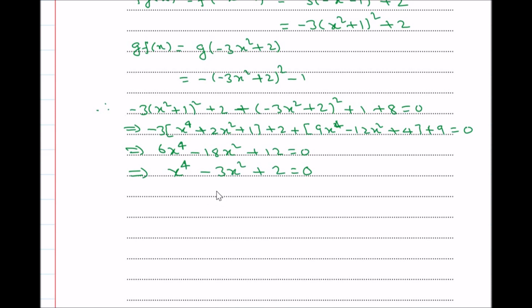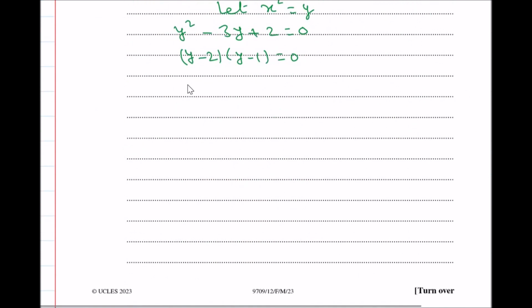Now let us make it quadratic. So let x square equal to y. So we can write y square minus 3y plus 2 equal to 0. Then we can factorize this. So we will get y minus 2 into y minus 1 is equal to 0.